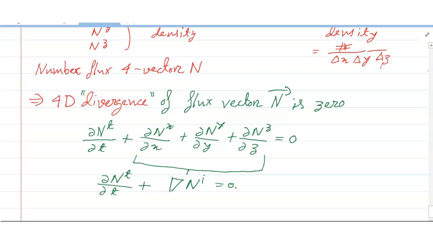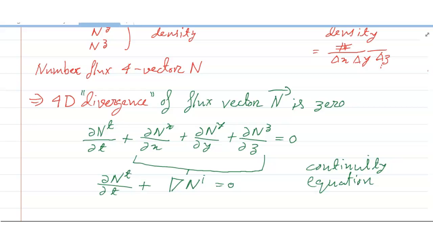This is called the continuity equation because it relates the density of particles over time and the spatial divergence of the particle current density.